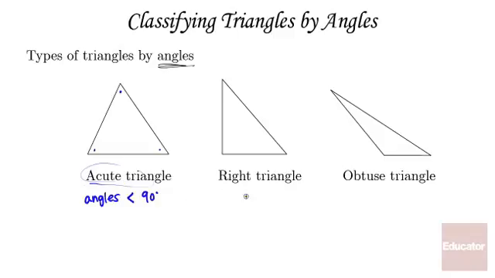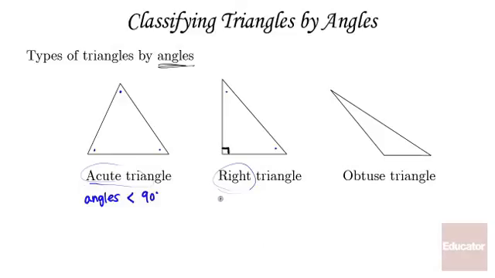The next one is when you have one right angle. The other two angles are going to be acute, okay? So within a triangle, if only one angle is a right angle, then it's called a right triangle.